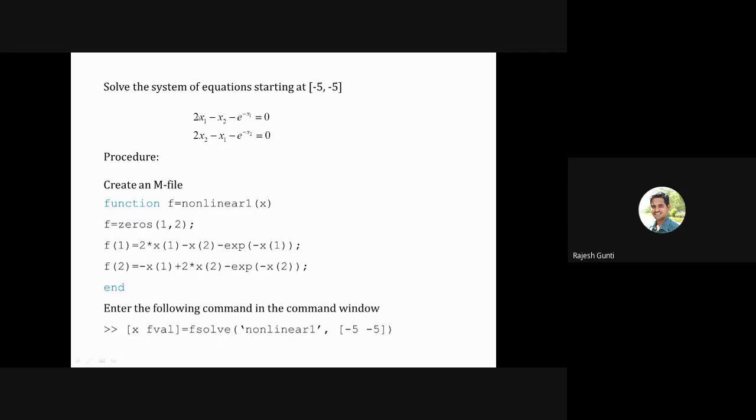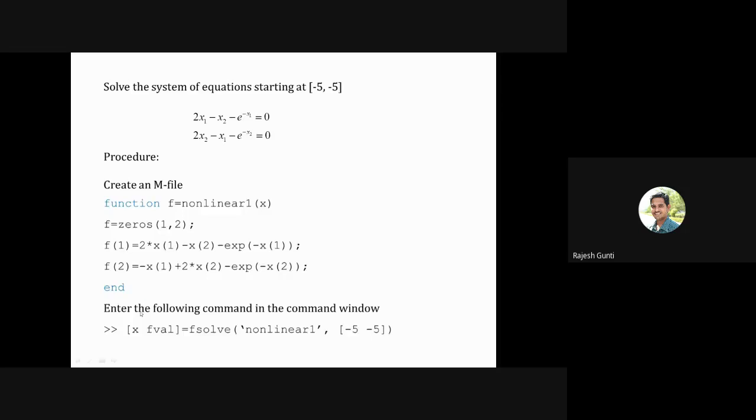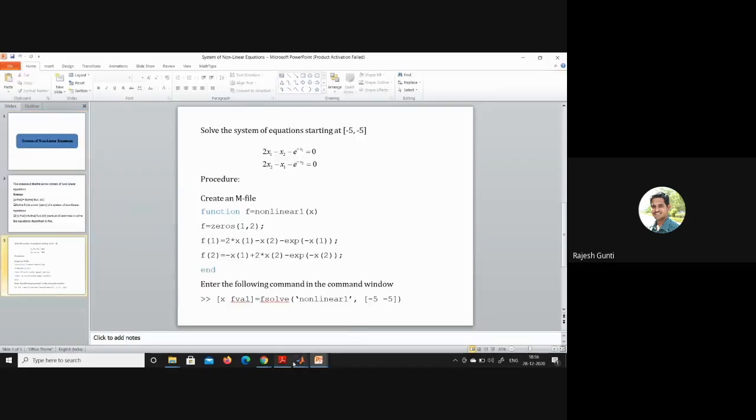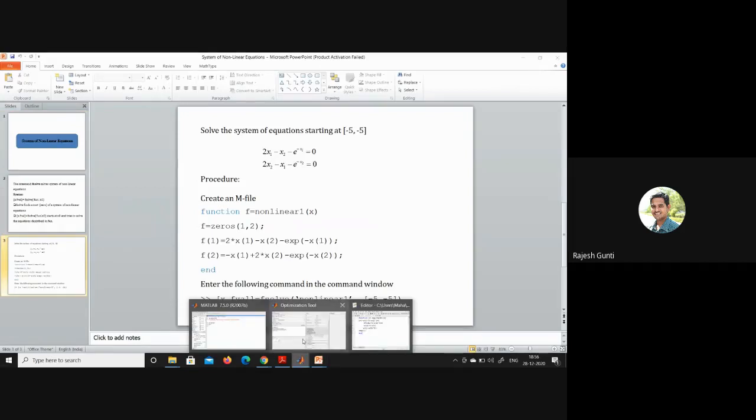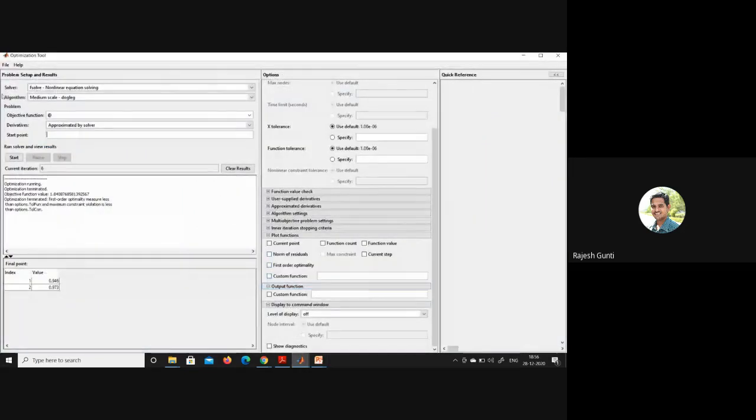Am I correct or not? We create one M file for the non-linear equation. Then we'll give the initial value. Here also the same. We'll give at the rate of file name, starting point, start. We get the output.